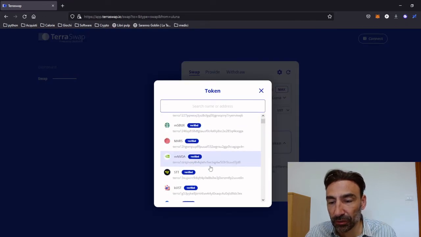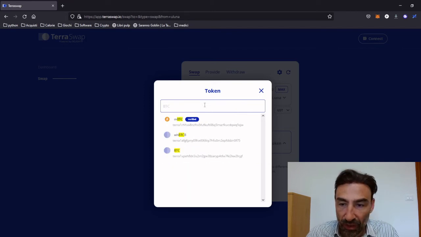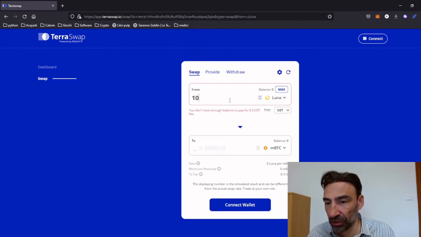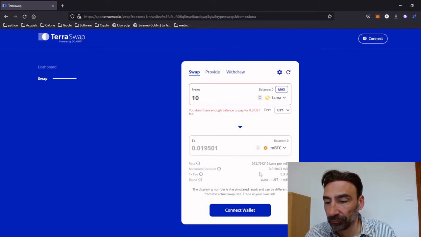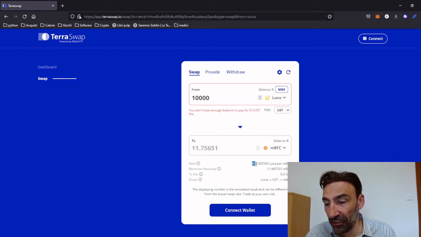Let's change Luna for, what is it? BTC, for MBTC. Okay, let's suppose I change 10 Luna. Here it is suggesting the rate, but if the rate is currently 512 and I change 10,000 Luna, the rate will be, can you see, very different, because I'm depleting the Luna USD exchange from Luna.